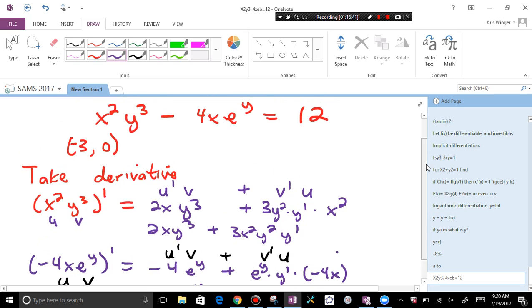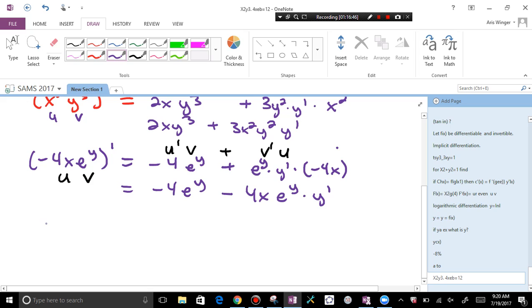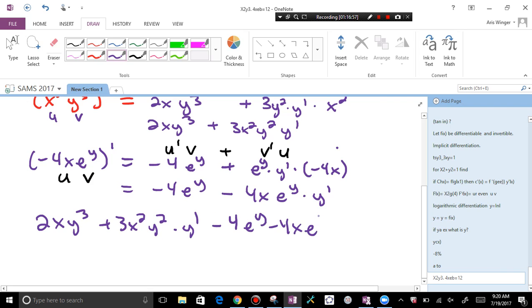I was adding these, right? Yeah, and that equals the derivative of 12, which is nothing. So we've got 2xy cubed plus 3x squared y squared times y prime minus 4e to the y minus 4x e to the y times y prime equals 0.